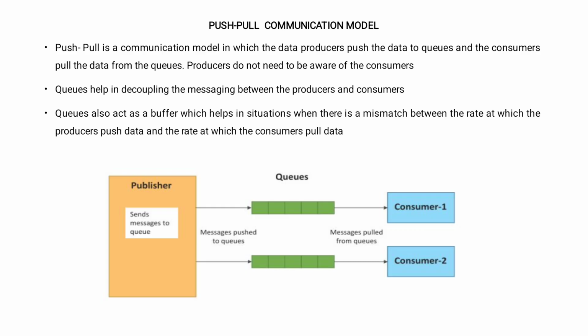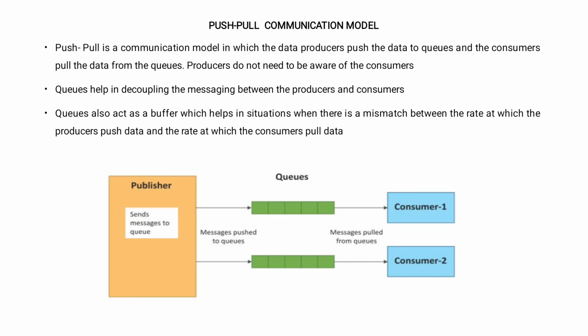Next one, the push-pull communication model. Push-pull is a communication model in which the data producers push the data to the queues and the consumers pull the data from the queues. Producers do not need to be aware of the consumers. Queues help in decoupling the messaging between the producers and consumers.